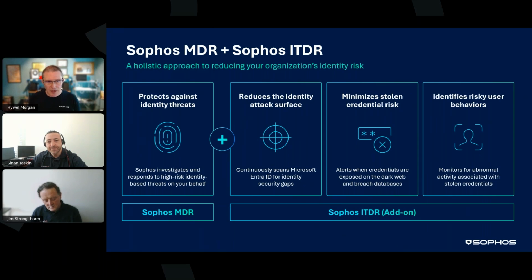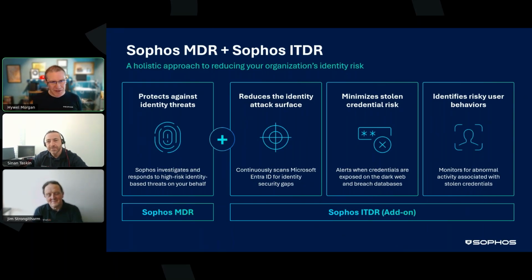And the final part is the risky user behavior. Are we seeing impossible travel logins? Sinan is both in the UK and America at the same time. Jim has gone on his holidays to Nigeria, and he's suddenly logging in. Are we seeing things like that?